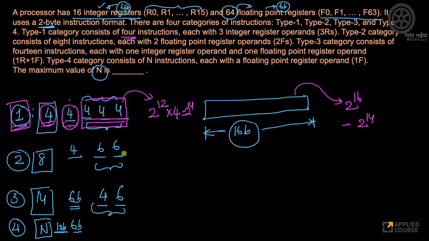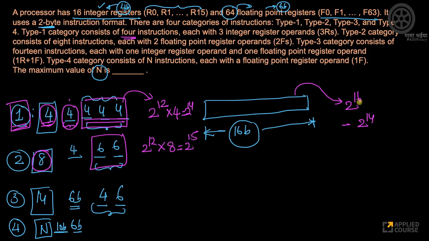Type 2. Look at this. I have 12 bits here. These 12 bits are addresses: 6 bits and 6 bits are addresses of the floating point registers. This could be any values, so 2 power 12 possibilities. And I have 8 such instructions, so into 8. This is 2 power 15.